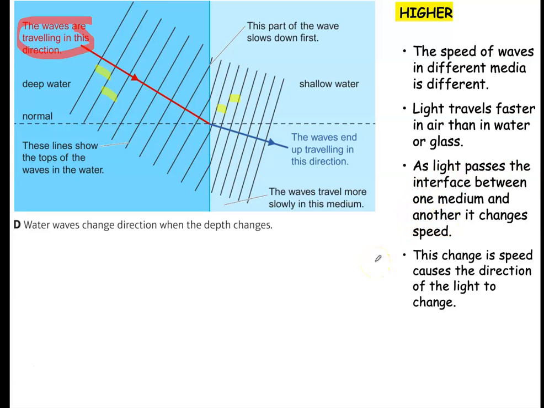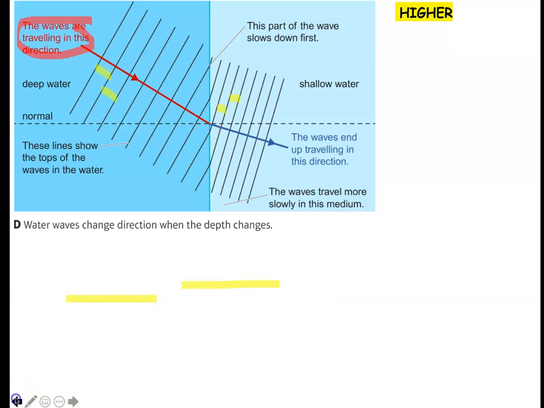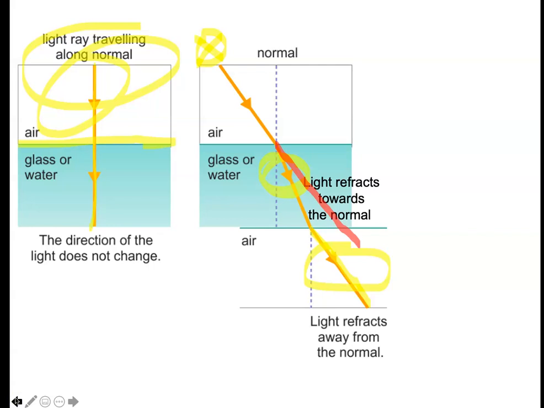The bend depends on how fast the light travels in the two media. The greater the difference in speed, the more the light bends. The light bends towards the normal when it slows down, and it bends away from the normal when it speeds up, as seen in this diagram here.